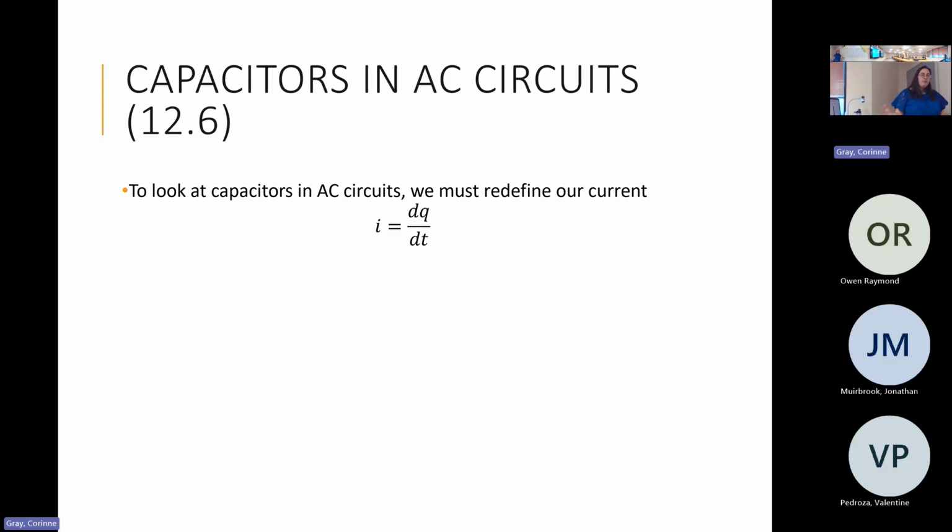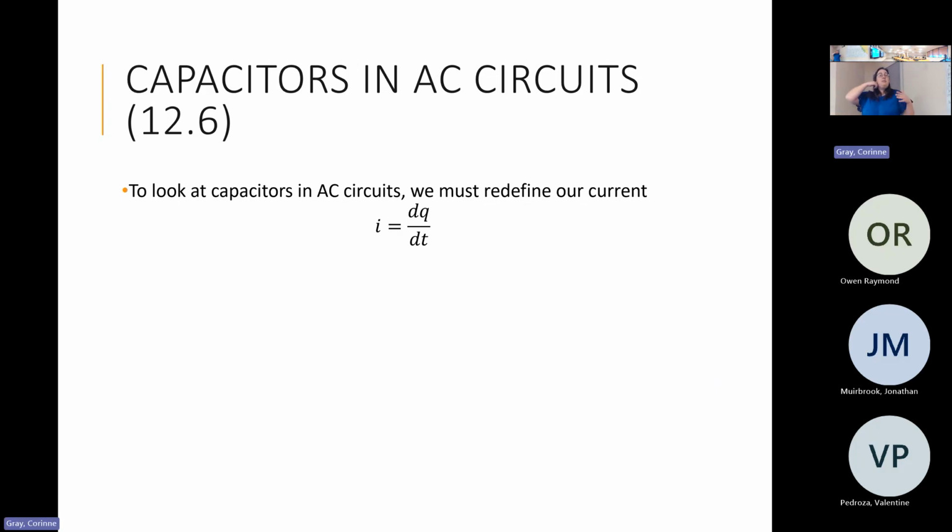So for an AC circuit, our voltage or our current source is going to be changing values. So unlike a DC circuit, with a capacitor in an AC circuit, it is constantly charging and discharging.